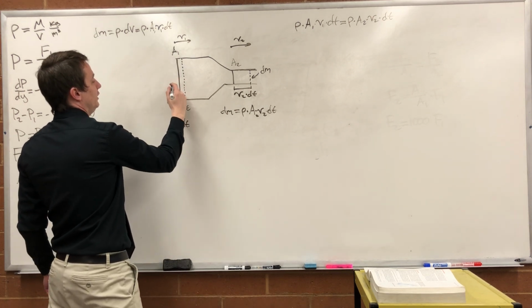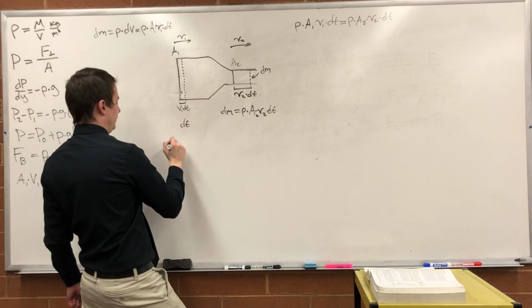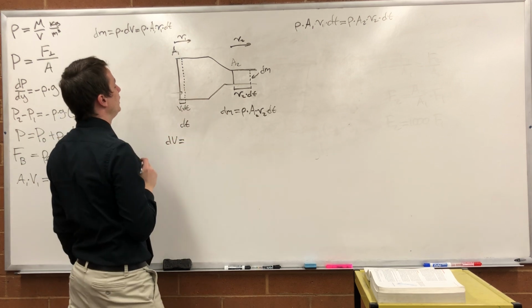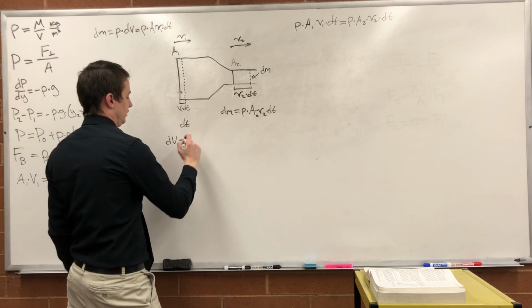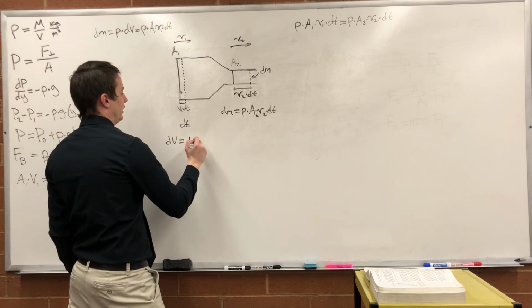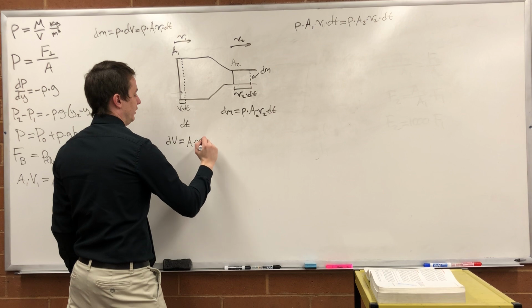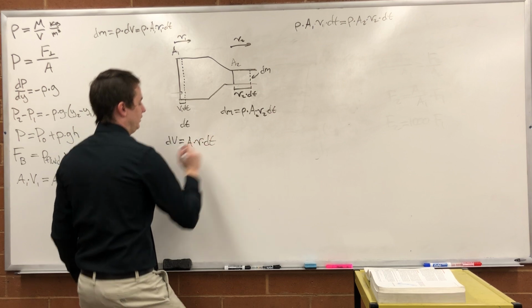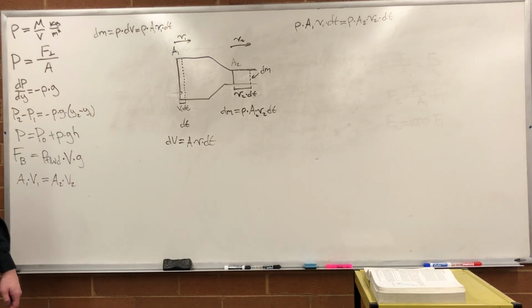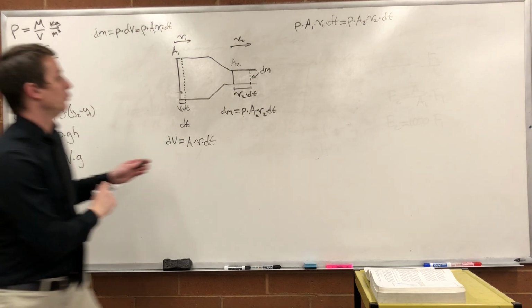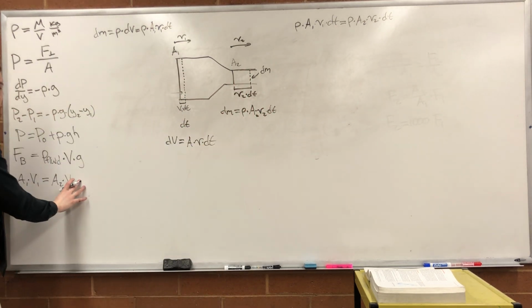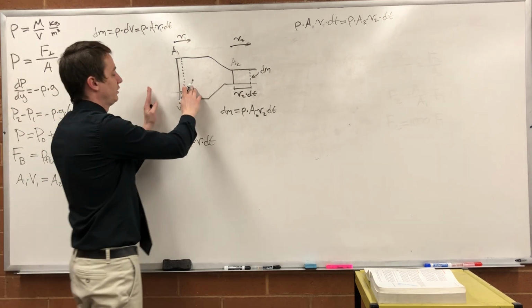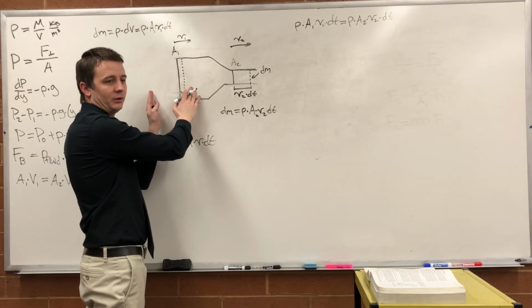So once again, dV here was equal to the area there times the velocity there times dt, right? So sorry, I drew this big picture. That was to come up with this equation. Now I'm going to reuse this picture really quick to give us another equation. Okay. So that's what I'm doing.